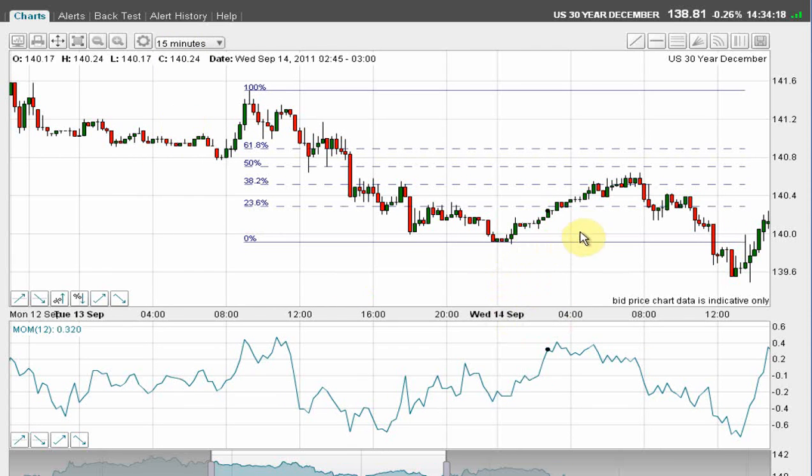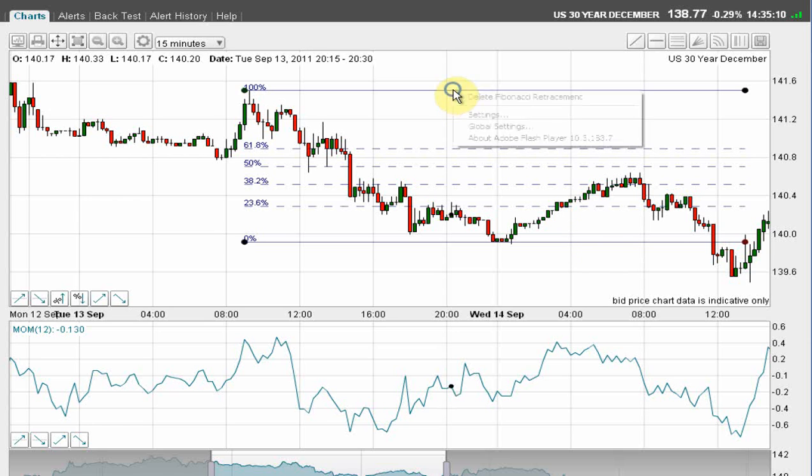There we go. You could be looking at this action here in real time, seeing what happens around this level here, especially with regard to the momentum. Now, I'll cover momentum and divergences in another video, but this is something that you need to keep an eye on when trading around Fibonacci levels to give you a clue as to whether the Fibonacci level will hold or will not hold.